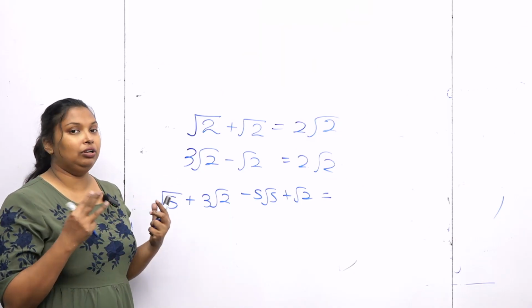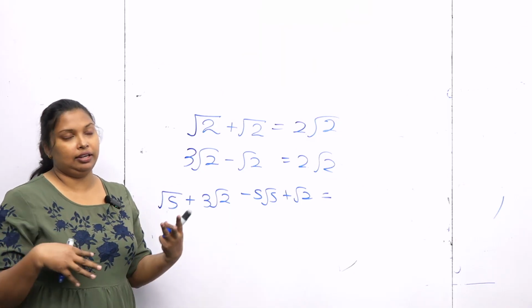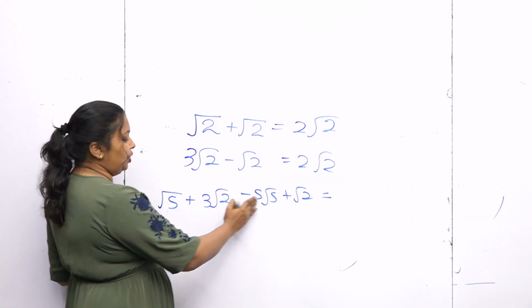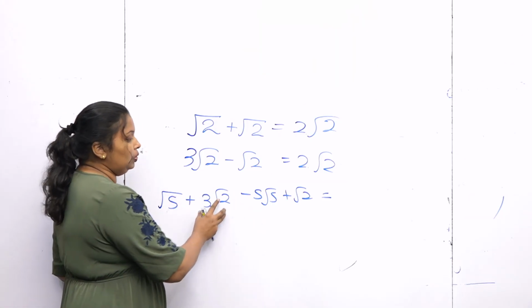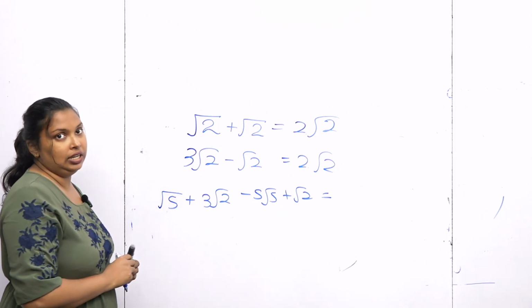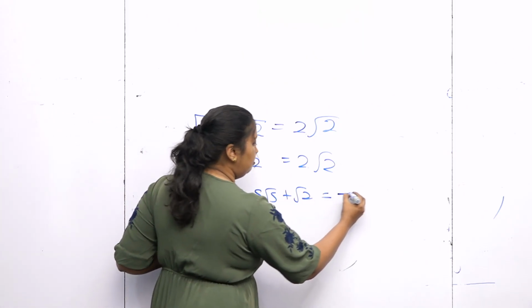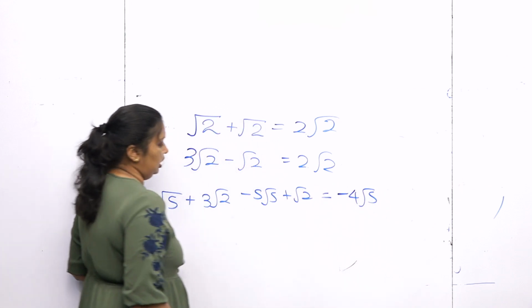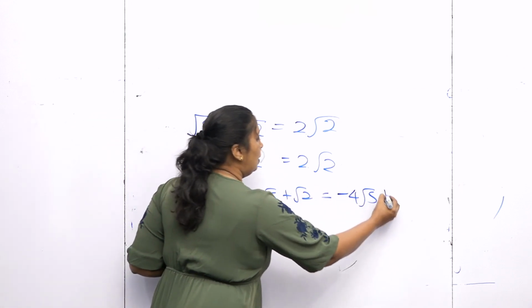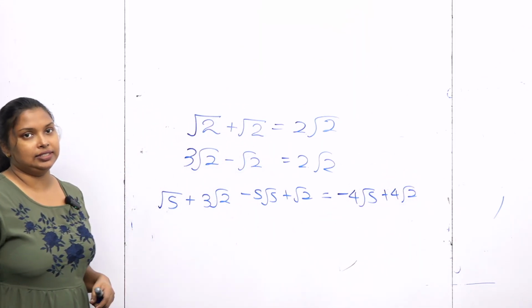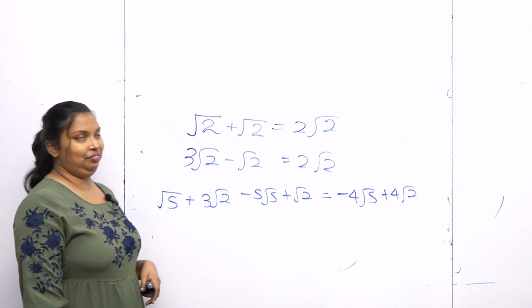Same here: root 5s we add with root 5s, and root 2s we add with root 2s. Clear? So 3 root 5 minus 5 root 5 is minus 2 root 5, and 3 root 2 plus root 2 is 4 root 2. That's your final answer. Clear? We can't simplify further.